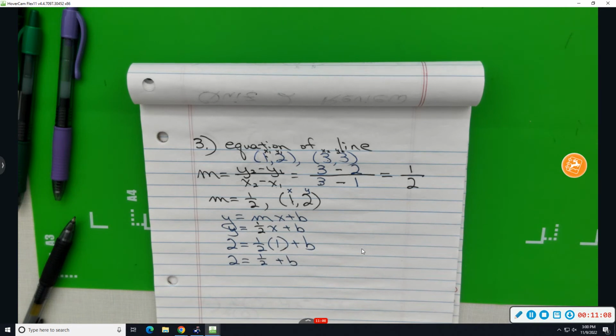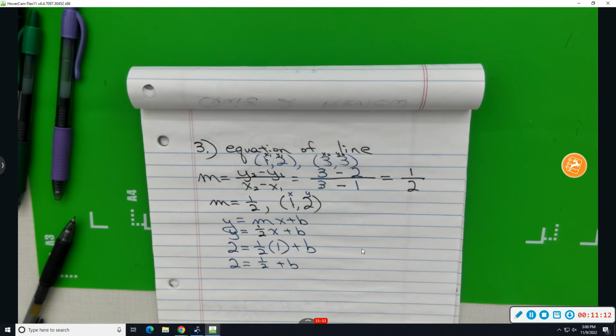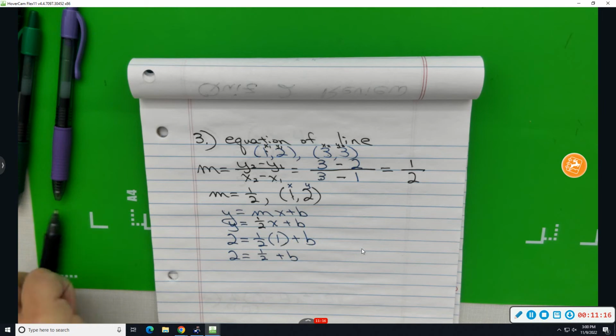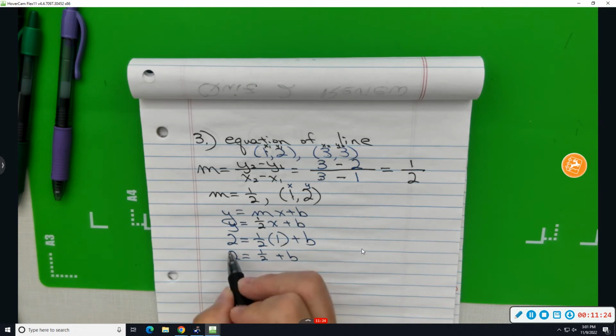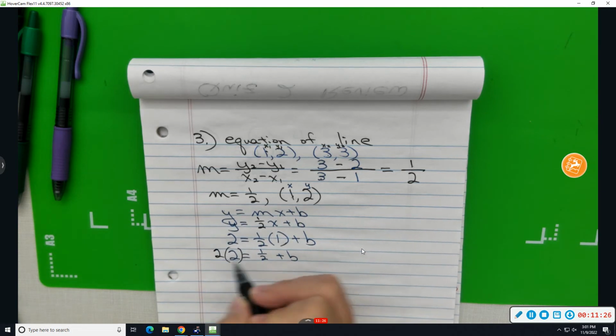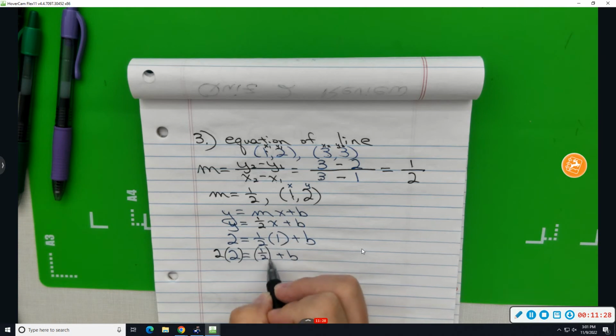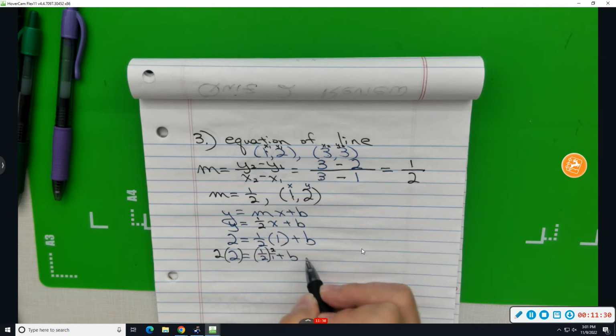Do y'all want to work with the fraction to get b, or do you want to get rid of the denominator? Okay, we'll get rid of the denominator. We have a denominator of 2. Let's multiply both sides across by 2. So we're going to multiply by 2, multiply by 2, and multiply by 2.